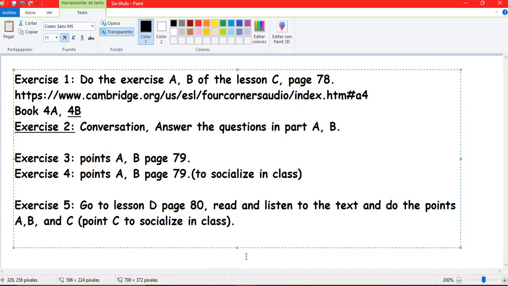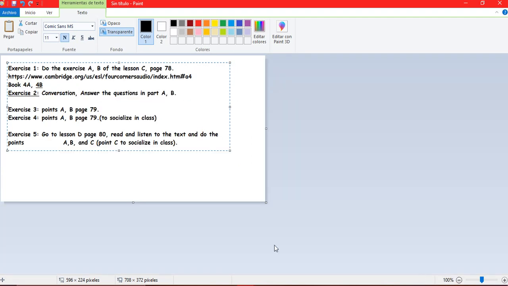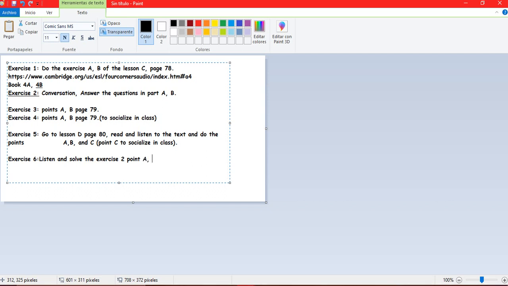So the next exercise, let me increase the zoom. Okay, so the exercise is: listen and solve exercise 2, points A and B of page 81.